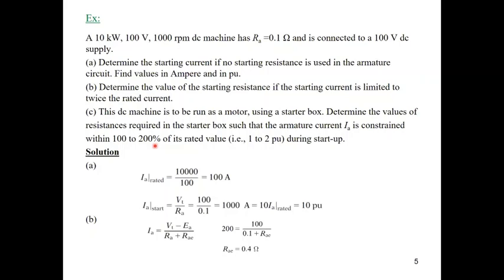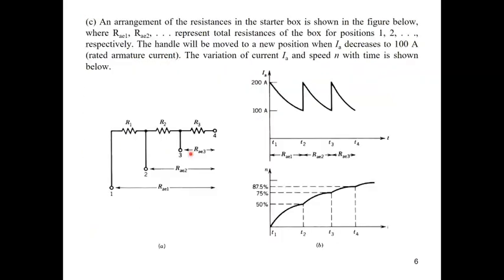The meaning of a starter, as we described, is that we move the handle between many points and change the value of resistance. For now, imagine this is the current with time. At the start, we will allow the current to be twice the rated current, at t equal t1.